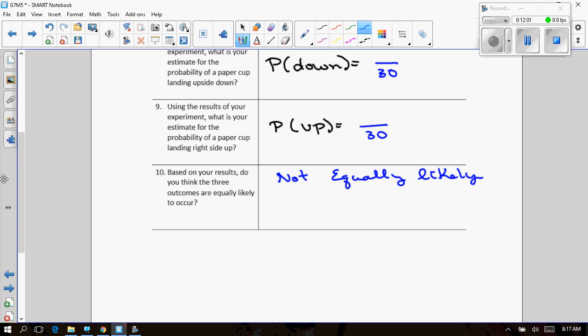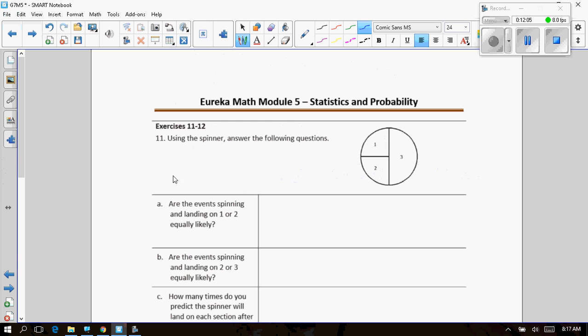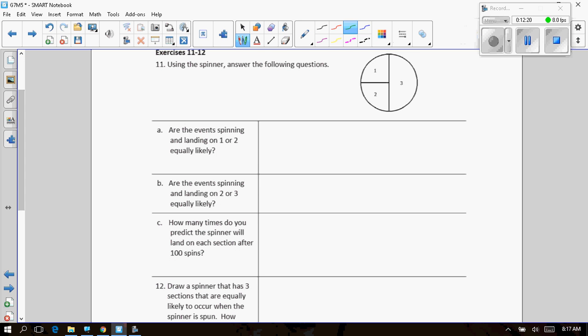All right, top of page 22. Using the spinner, answer the following questions. Are the events of spinning and landing on 1 or 2 equally likely? Didn't ask about 3, just 1 or 2. Yes, because they have the same size space.